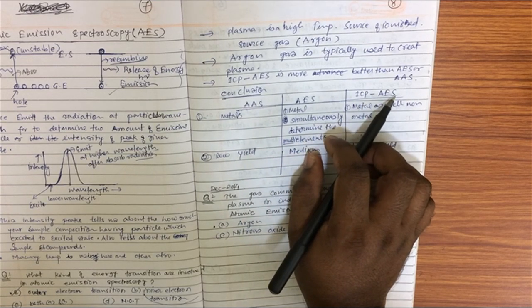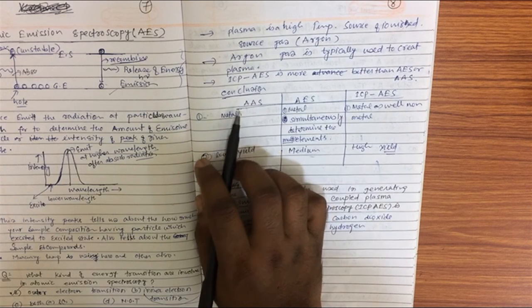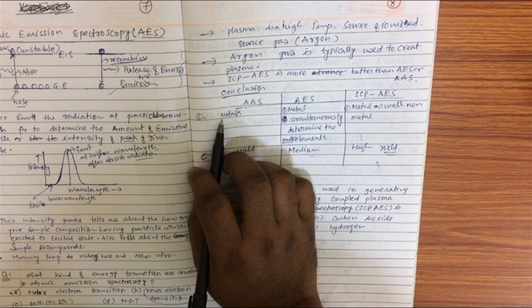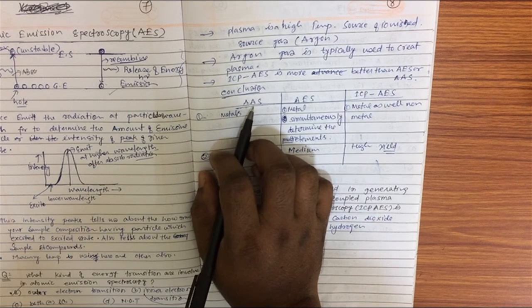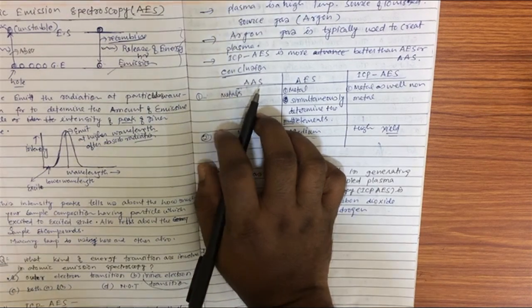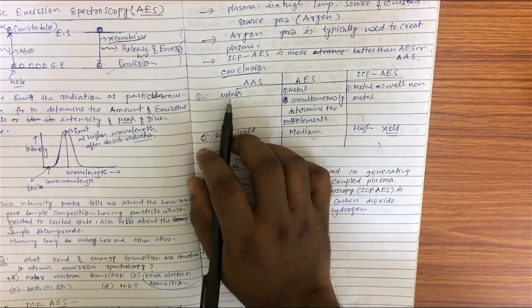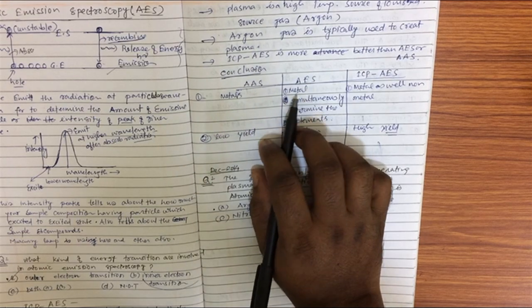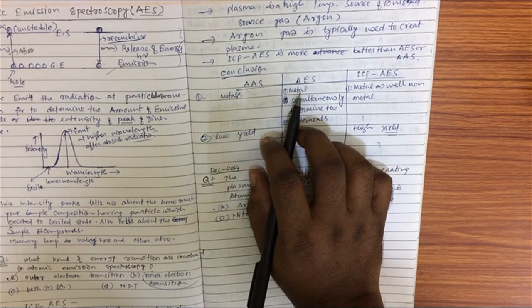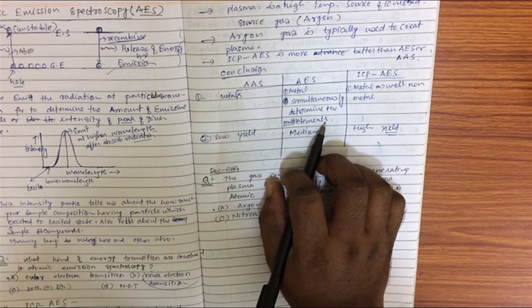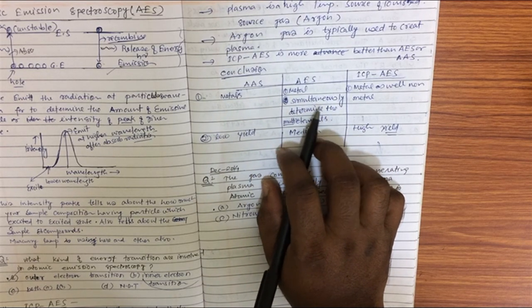What is the favorability of these, and how much better is each compared to atomic absorption spectroscopy? Here you can determine only metal elements, but in the emission case we can also determine metals and simultaneously determine multiple elements.